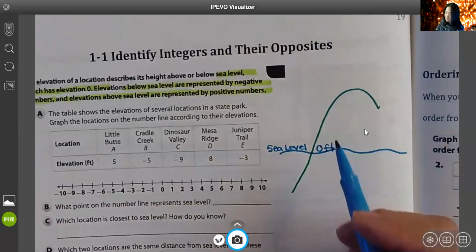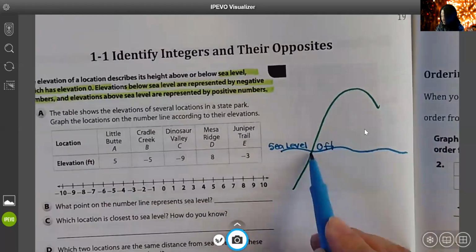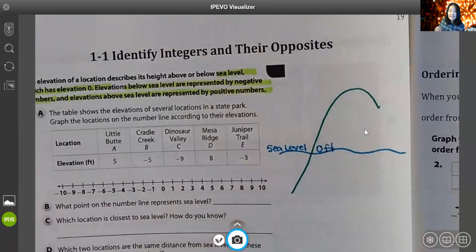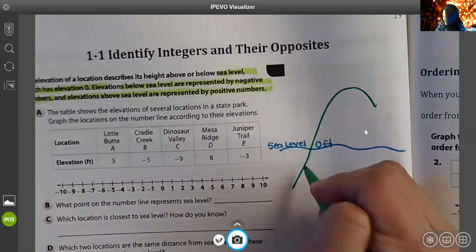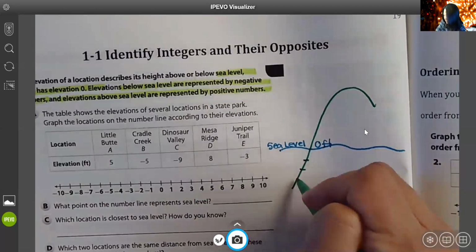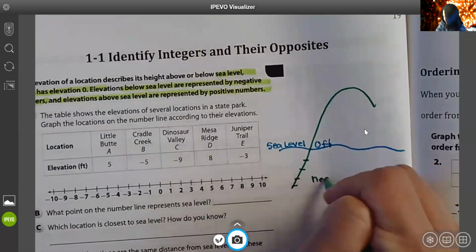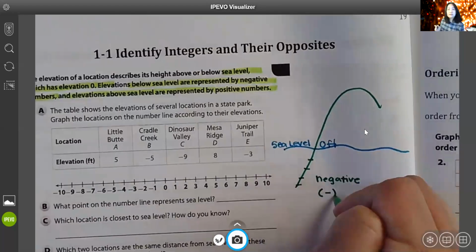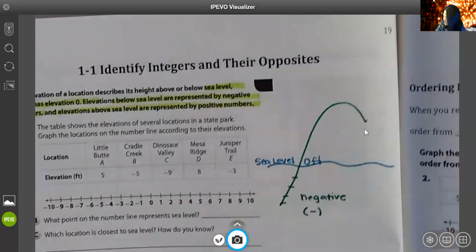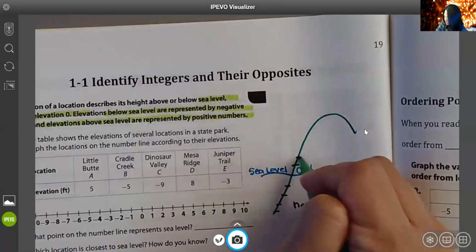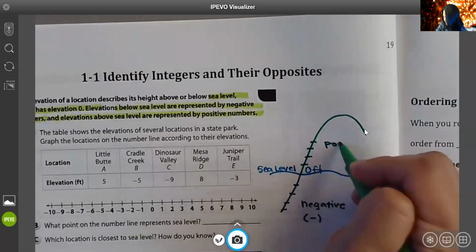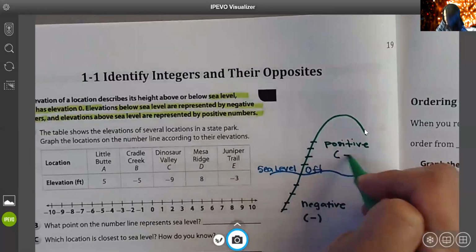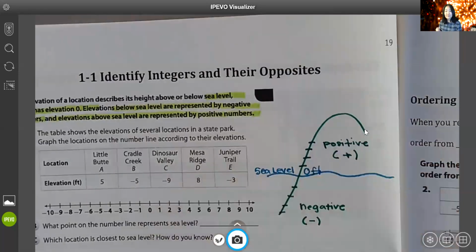Any elevations that go below the sea level, so below 0, are all negative numbers, meaning there is a negative symbol here. And anything that's above the sea level is positive, which means there's a positive symbol.